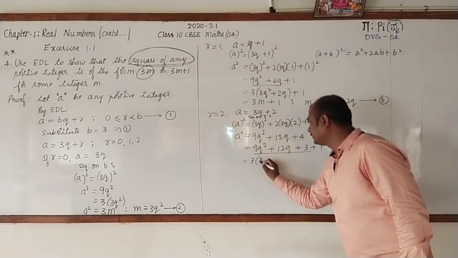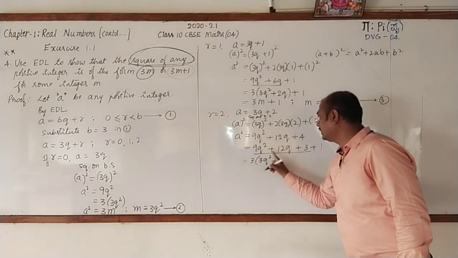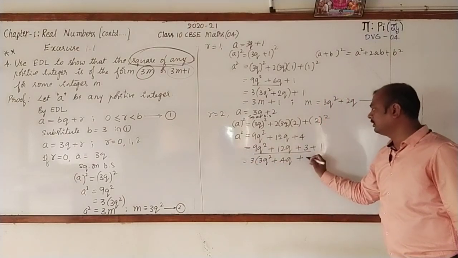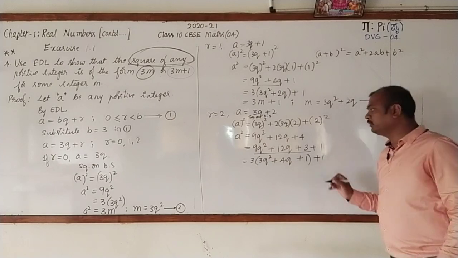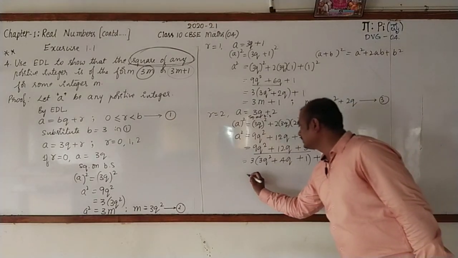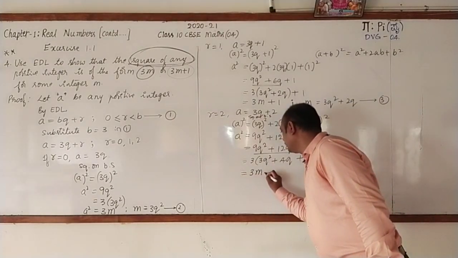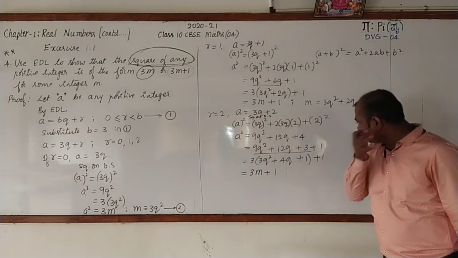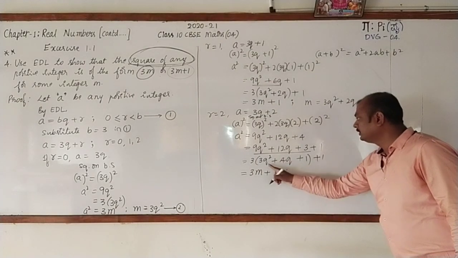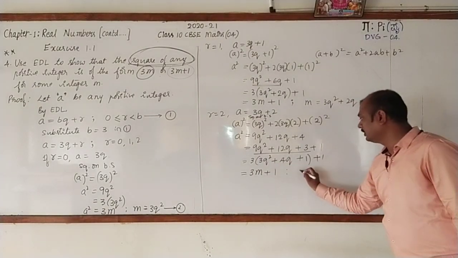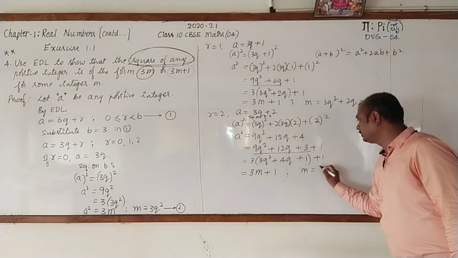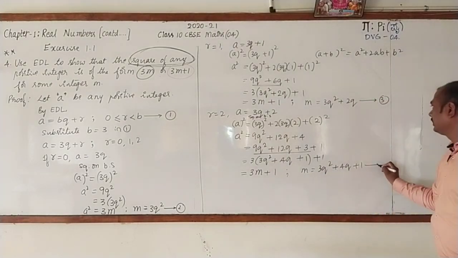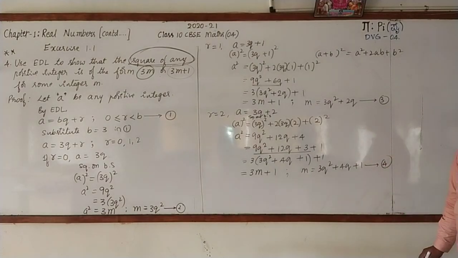Then 3 3s are 9, then q square. 3 4s are 12, so 4q as it is. 3 1s are 3, so 1. Plus 1 will remain as it is. This is equal to 3m plus 1. That means we have taken m in place of 3q square plus 4q plus 1. Hence I will write m equal to 3q square plus 4q plus 1. Call it statement 4.